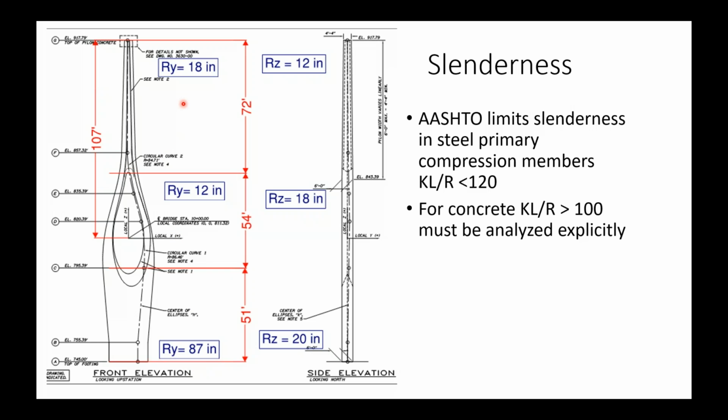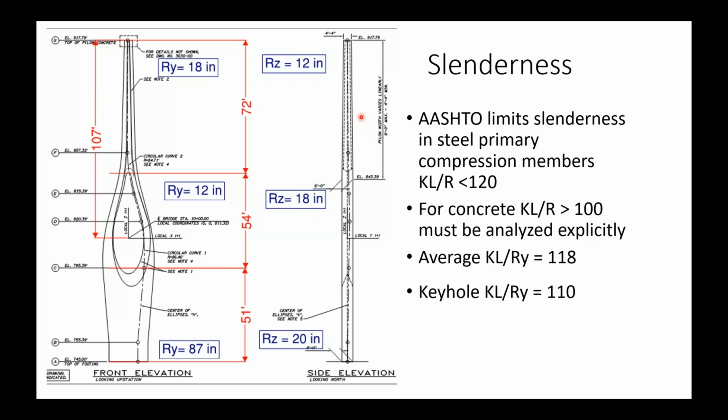If I take the average radius of gyration in the transverse direction on the height, I get a slenderness of about 118. But in this transverse direction, these curved elements are also very slender in themselves. So if we look at the slenderness of just those unique portions of the pylon right around the keyhole, those have a slenderness of about 110.